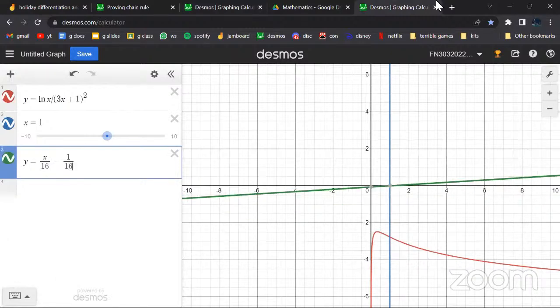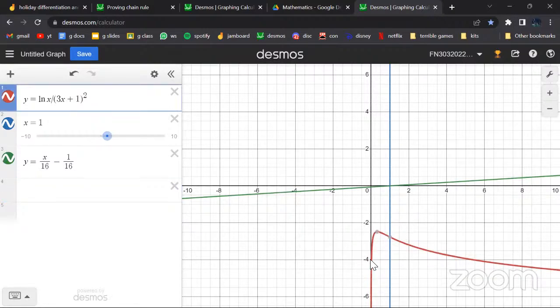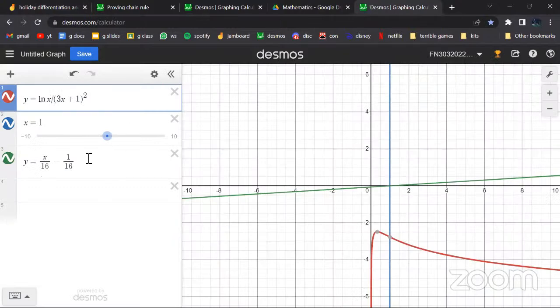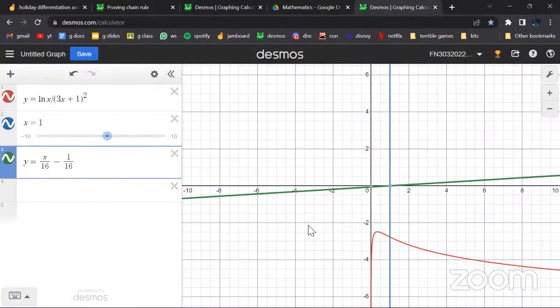Are you done with your dy/dx? No. Do you want to repeat the v prime? Is that what you want to do? Yeah, because the denominator has a square.